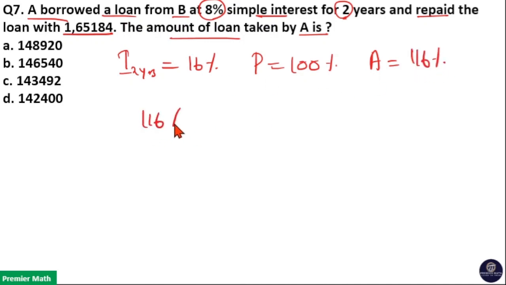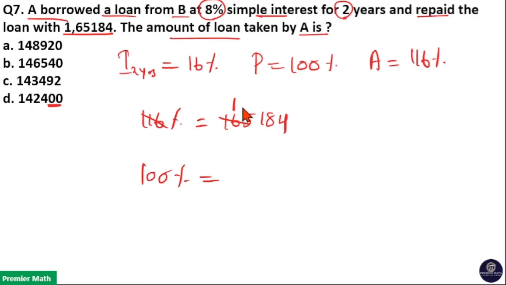If this 116% is equal to 1,65,184, here amount repaid is 1,65,184. Then principal 100% is equal to, here if 116 goes in this one, then there must be 2 zeros at the end of our answer. Let's check. 116 goes 1 time in 165. Remaining is 49.